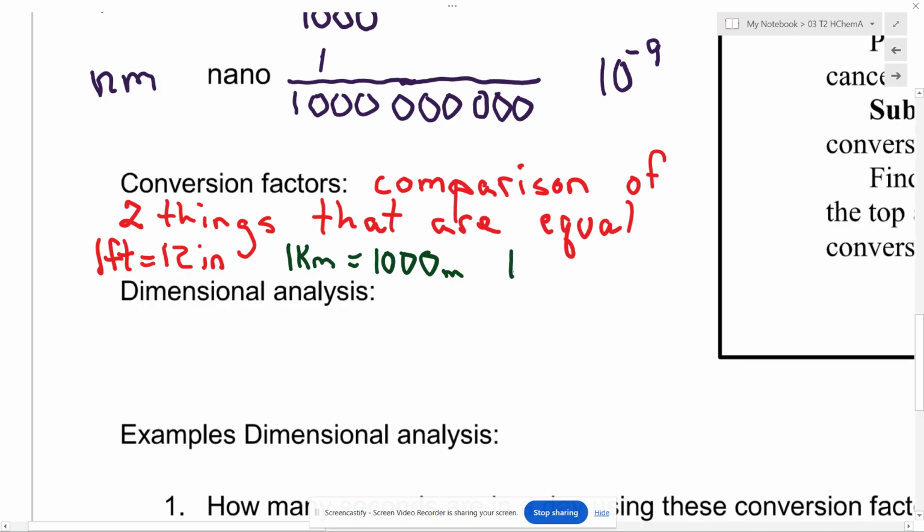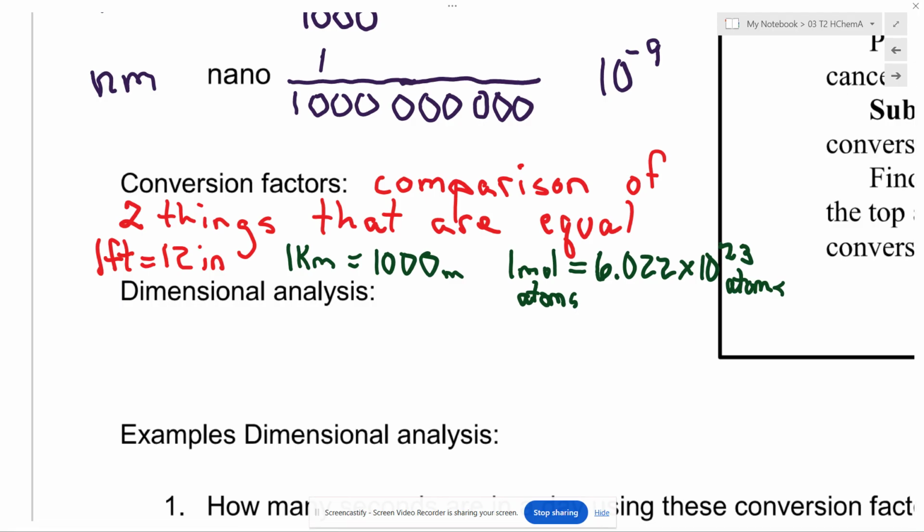We might also say that 1 mole is equal to 6.022 times 10 raised to the 23rd power atoms. So 1 mole of atoms is equal to 6.022 times 10 to the 23rd. So a conversion factor is just two numbers combined with units where those things are equal to each other. I hope that helps. I hope that makes sense.